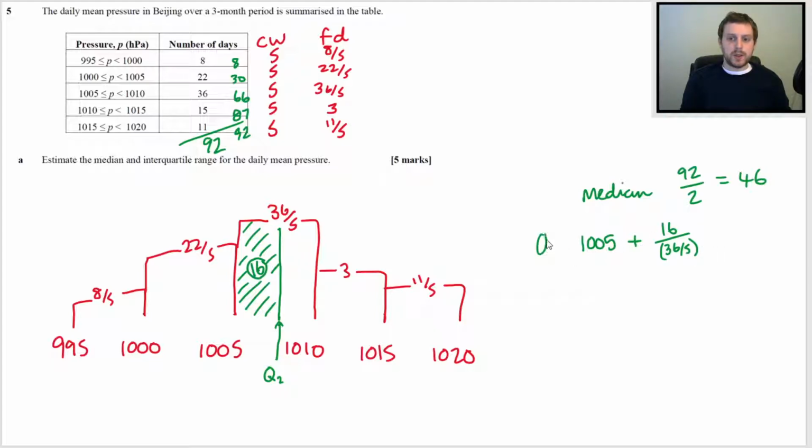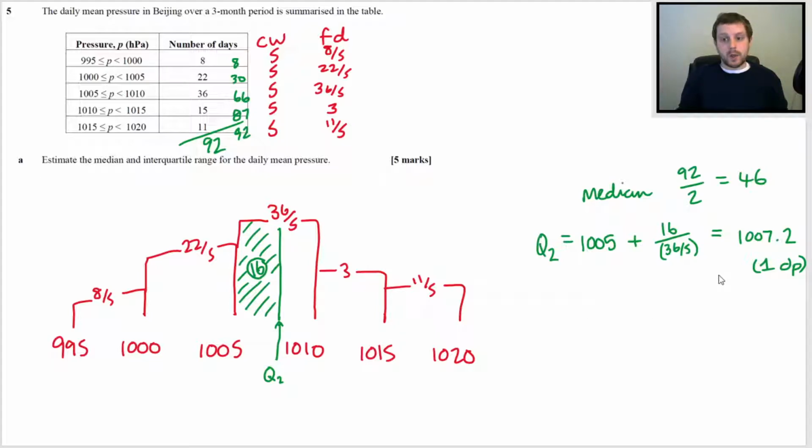So this is my Q2 estimate. I'm just gonna do that on the calculator. So 1005 add and then 16 over 36 fifths gives me, sorry, I've pressed times instead of add, 1007.2 to 1 decimal place. Okay, so somewhere between 1005 and 1010 is Q2, and the best estimate is 1007.2.